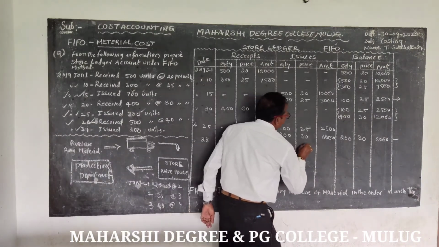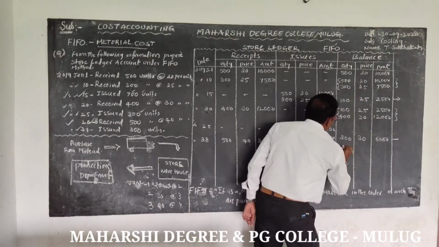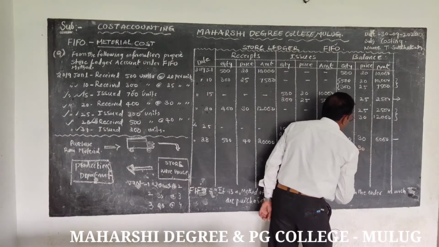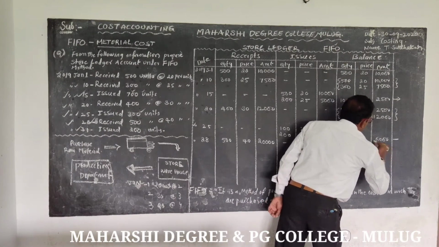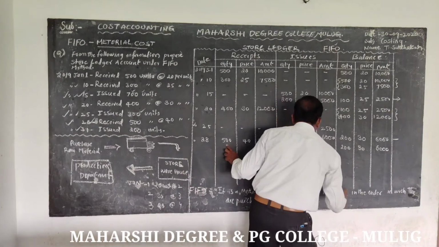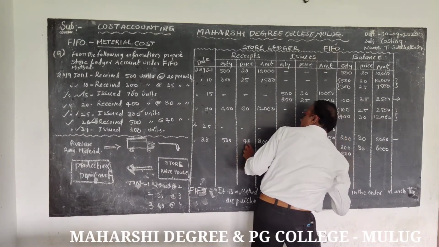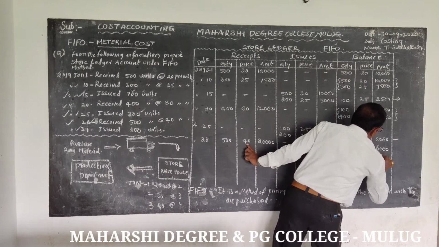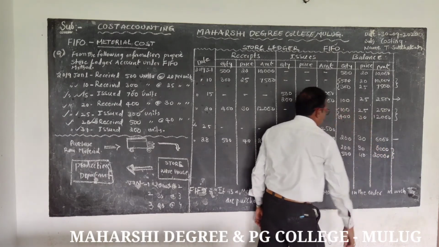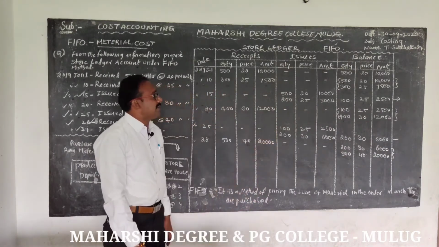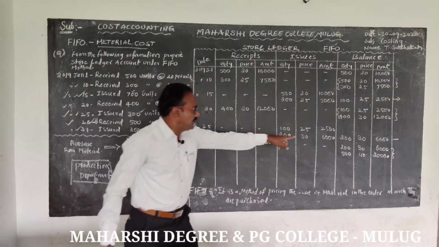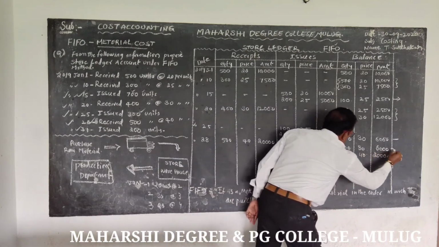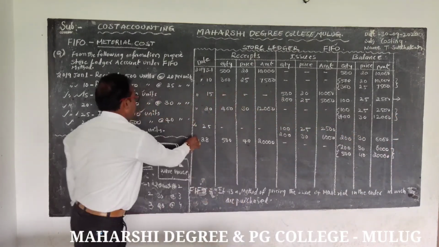Next, available in balance as of the date: updated 200 units at 30 rupees, 6,000, and the recent purchase of 500 units at 40 rupees, 20,000 rupees. So the total balance in the balance column is 200 and 500 units. So two lots are available in the store as of the 28th.